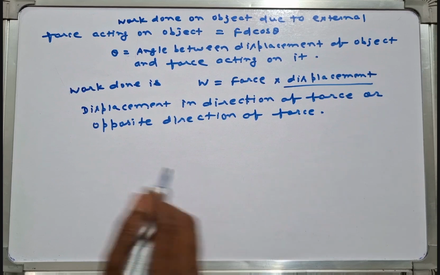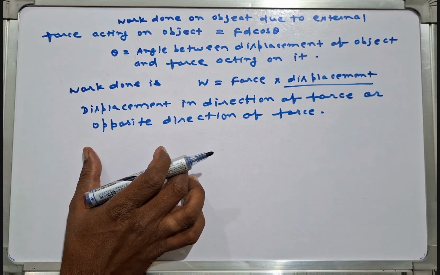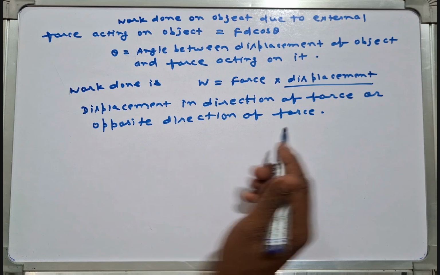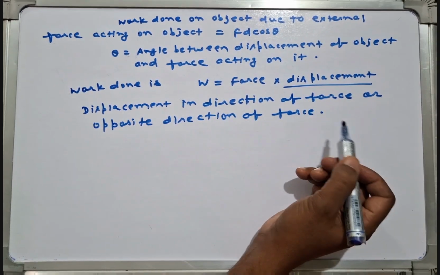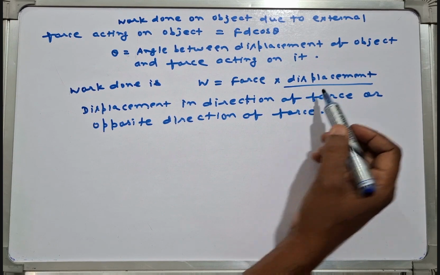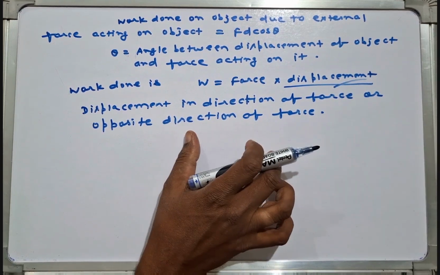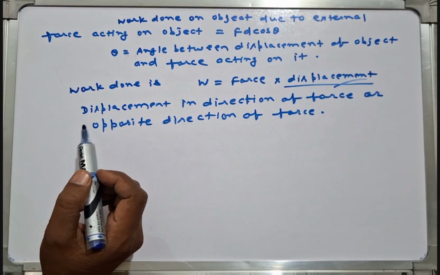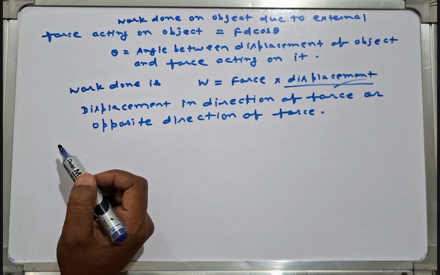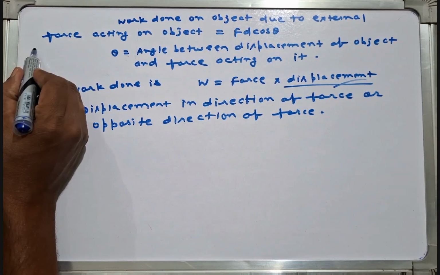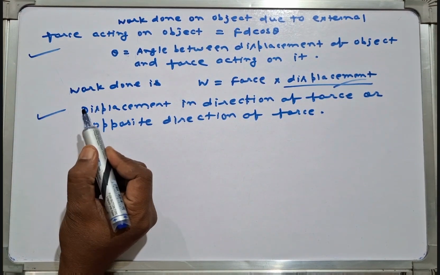Okay, so it is the displacement of the object along the force, meaning in the direction of force, or displacement opposite to the force. Here displacement means this one. Okay, so you can solve a question based on work by any method. This one is also correct and this one is also correct.